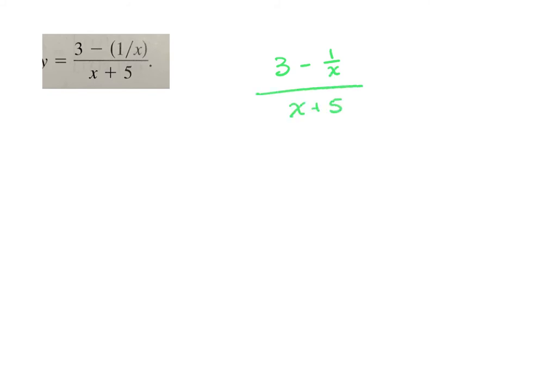I can get rid of it right here by doing exactly what I did at the end there. I can multiply this by the common denominator of x, just like that. Right, so I get 3x minus 1 over x squared plus 5x. And you can do the whole process again, right? It's probably easy.